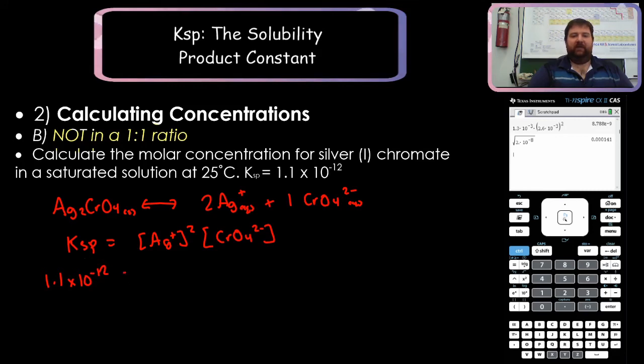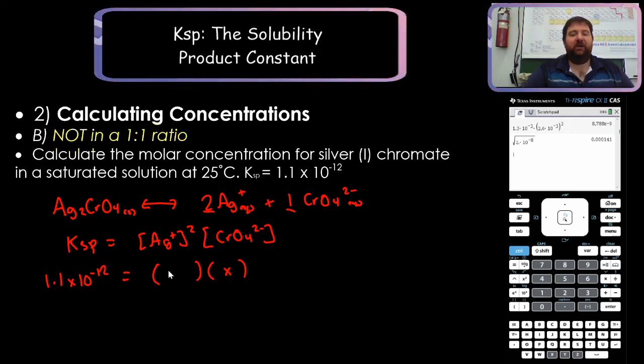Do I know my concentrations? Not really, right? What do I know? I know that I have 2 more Ags than CrO4s. So if I call x the concentration of CrO4, I know that I have twice as much silver as that.